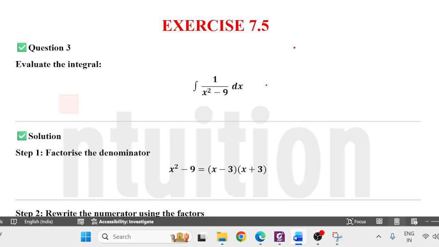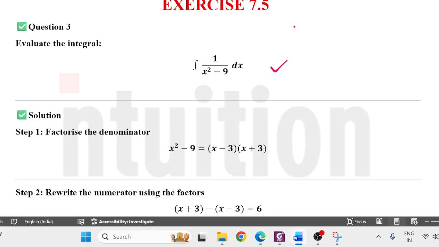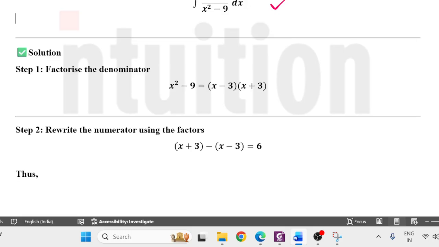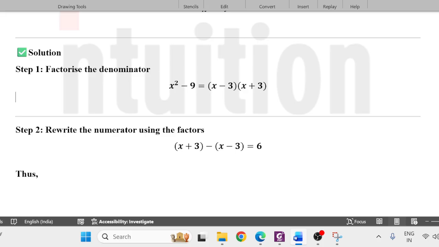So it is the integration of 1 divided by x square minus 9. What we can do is factorize x square minus 9 as x minus 3 into x plus 3. I hope all of you know that.